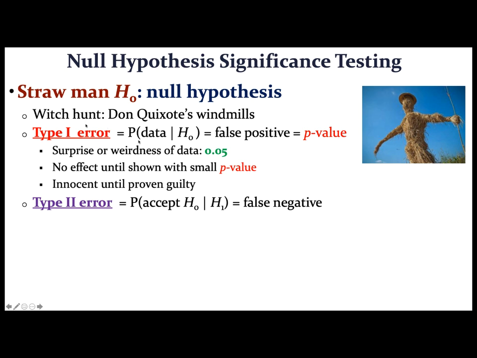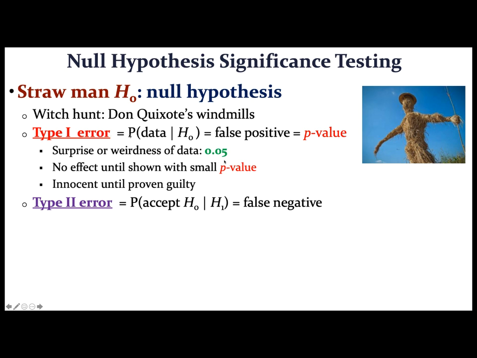With that presumption, we find this surprise or weirdness measure, the so-called p-value. That p-value is a conditional probability: under the condition that there's nothing going on in the brain, what's the likelihood you would get the current data? That measures the so-called p-value, or the false positive.